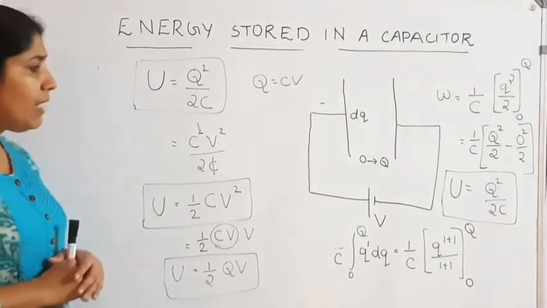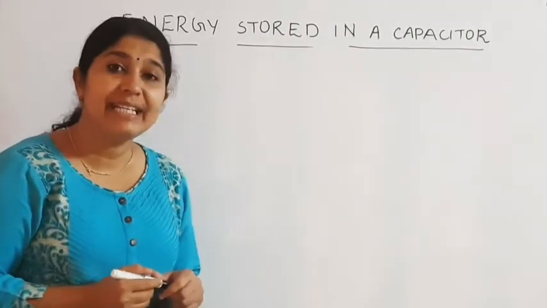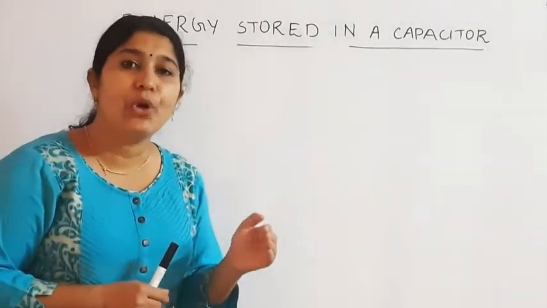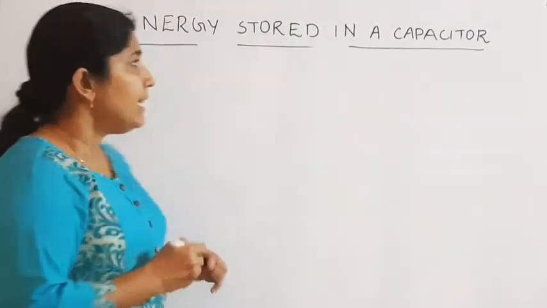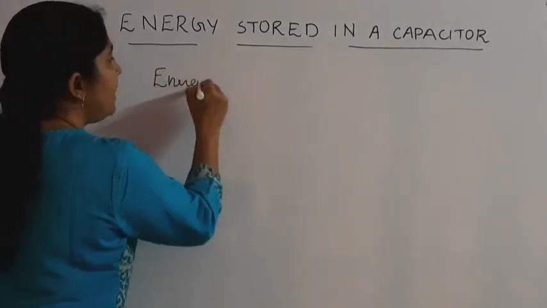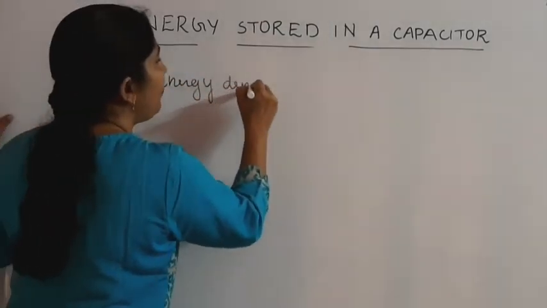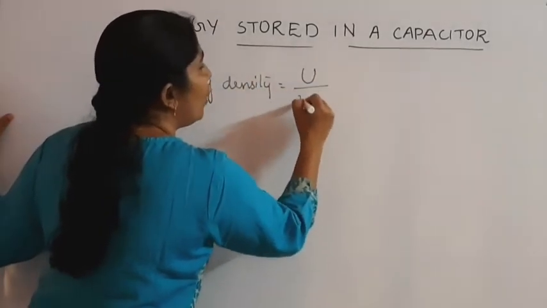Now we move on to energy density. What is energy density? Energy stored per unit volume is known as energy density. Energy density is equal to energy divided by volume.